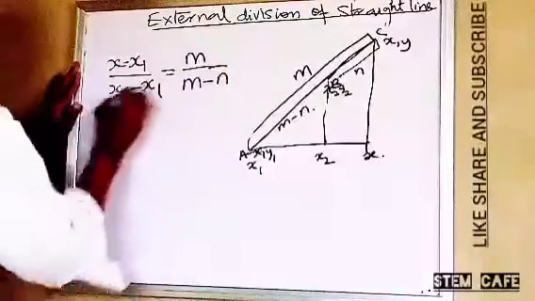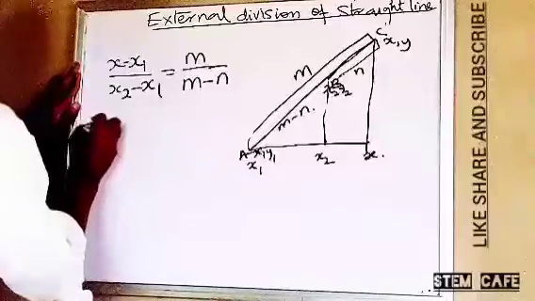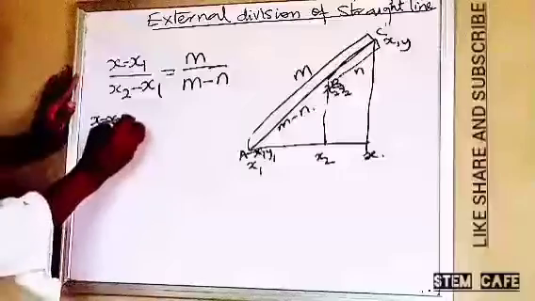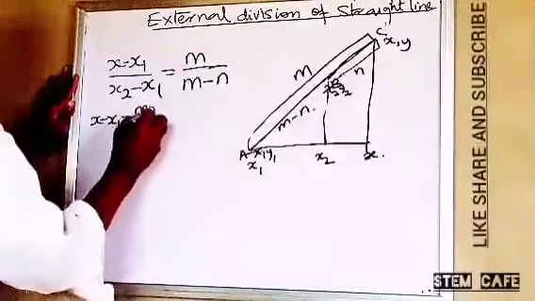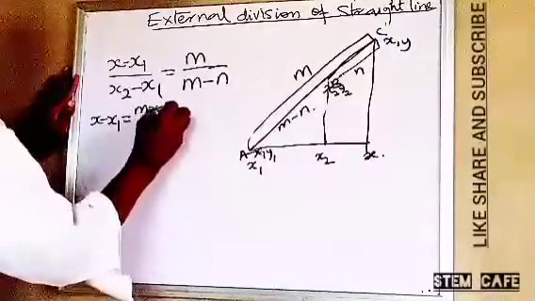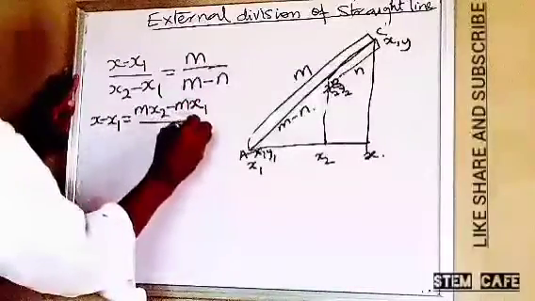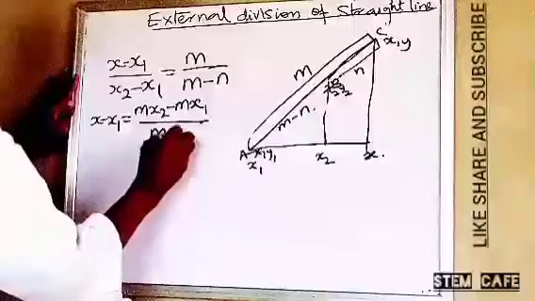Now I have x minus x1 to be equal to m x2 minus m x1 over m minus n.